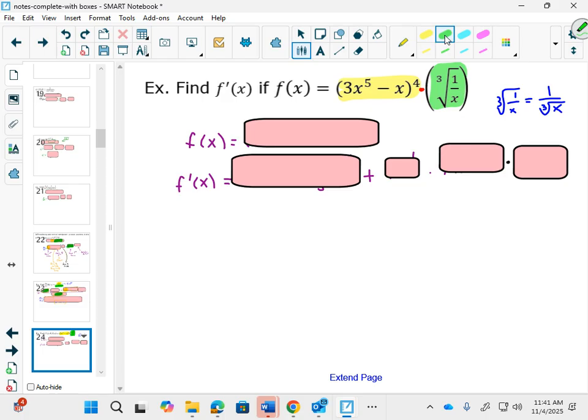And that second one, with the cube root, you could do it like this, or you could make it to the third right away, and then 1 to the third is just 1, and x to the third would be on the bottom, which I probably would change to x to the negative 1/3 as the nicest way to do a derivative.